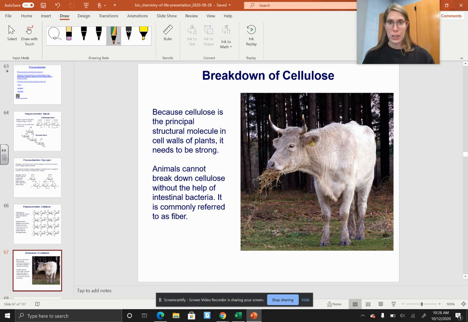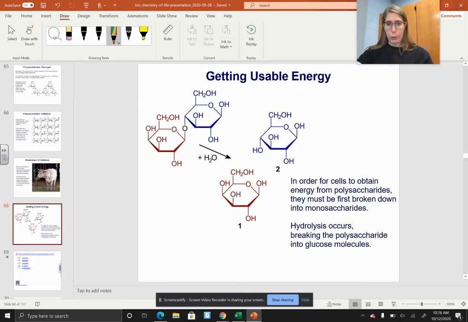We commonly refer to this as fiber. People are like, oh, you need to up your fiber. That is what gives bulk to the stuff moving through your intestines, and it also allows for absorption of nutrients. Ruminants, cows, things that are predominantly vegetarian, have more of these bacteria because they need more of them to digest all of their food.